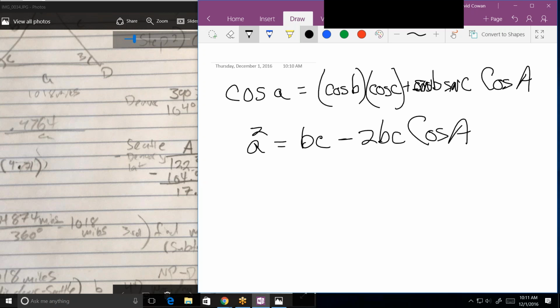Oh, excuse me, I didn't write it right. Yeah, they're not that similar. I was being careless with B squared plus C squared. I think we can figure this out, though.